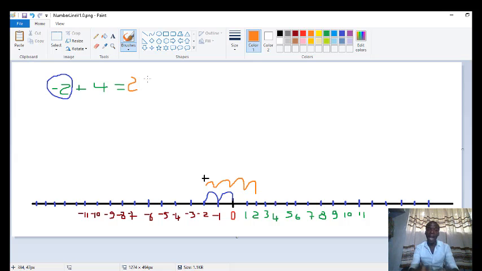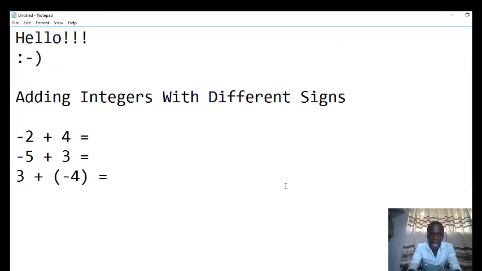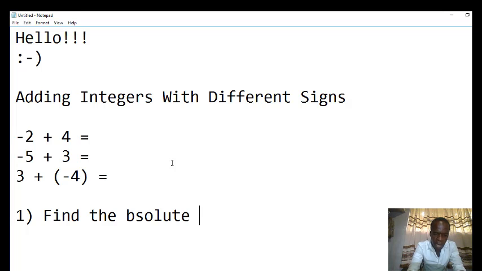By moving like this, we reach 2, and this is why when you are adding numbers with different signs, the first thing we do is to find the absolute value of each number.